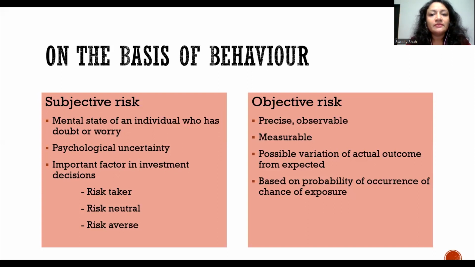This term is often used in connection with pure and static risk as well. It is also important to note that this objective risk is based on the probability or likelihood of occurrence, the chance of exposure. And it is always calculated to determine the attitude or behavior of a person who is exposed to various types, categories and levels of risk.